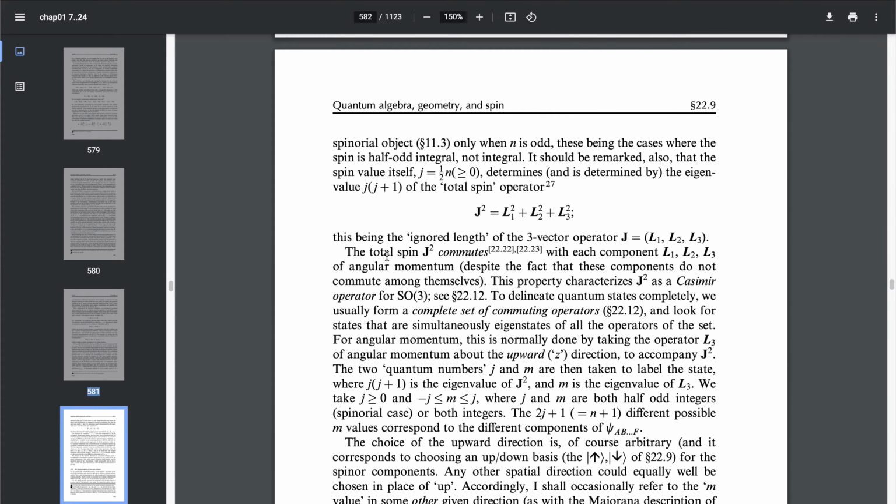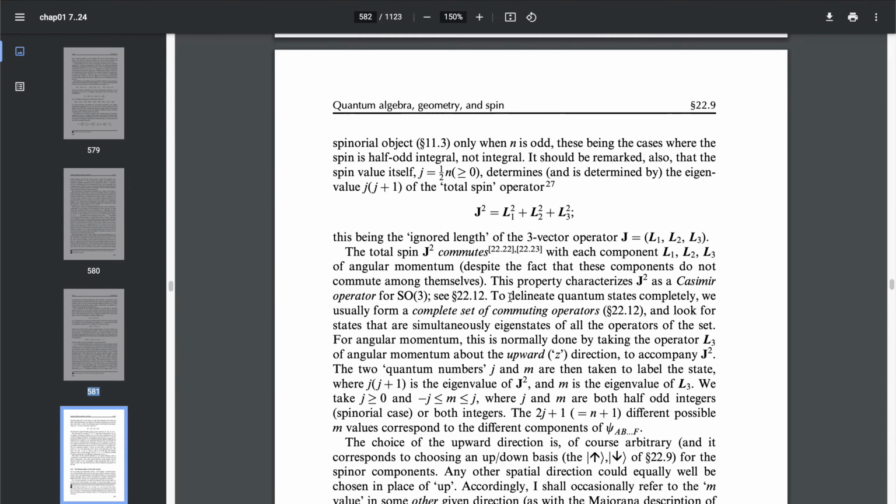And that total spin operator J squared commutes with each component, or each generator of the infinitesimal rotations in our algebra of SO3. This property characterizes J squared as a Casimir operator or Casimir element for the SO3 Lie algebra.